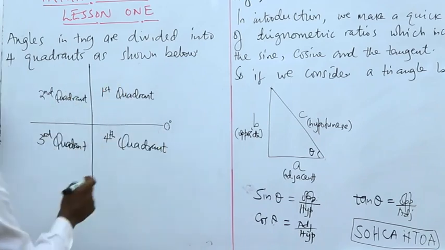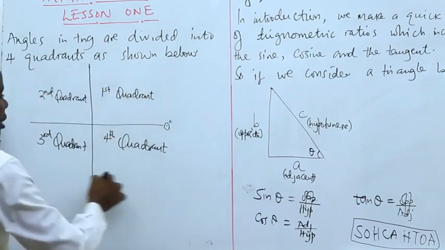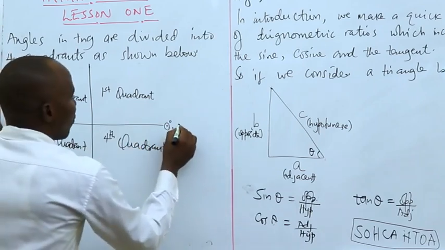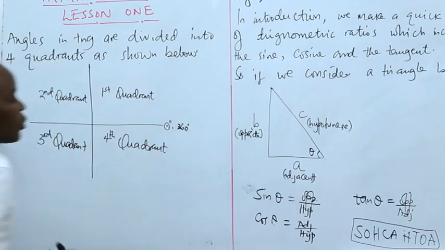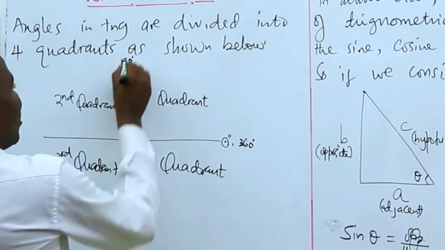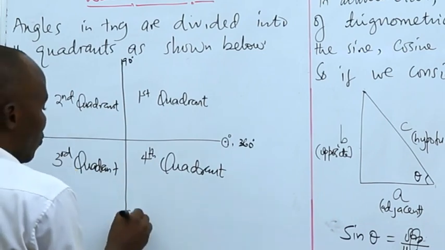In the first revolution, if I move from here, rotate and come back where I started, I will have completed a full revolution, a complete turn, that is 360 degrees. This is 90, this is 180, and this is 270 degrees.